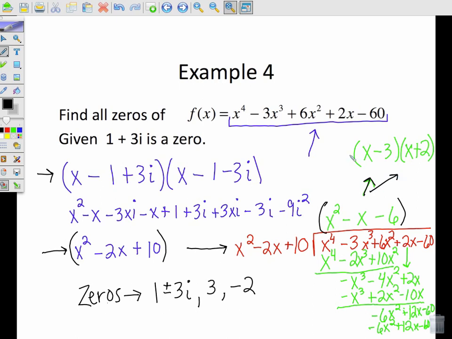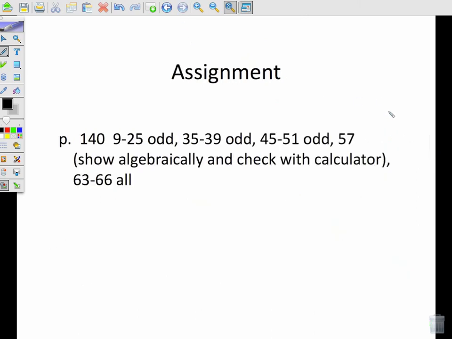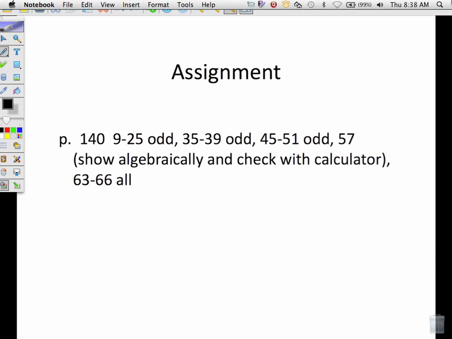That also factors into x minus 3 and x plus 2. So this gives us our other two zeros. Our final result, your zeros are 1 plus 3i and 1 minus 3i, the 3, and the negative 2. So that's all 4 of your zeros. Here is your assignment for section 5.